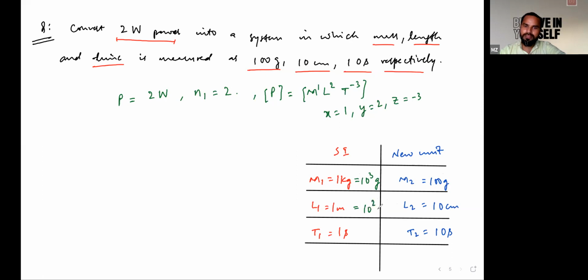So just put 10 to the power 2 centimeter. And the time is in the same unit, so there is no need of conversion. So we have just defined a table of conversion. Now use the formula and try to put all the values and simplify it. Okay, try to solve.